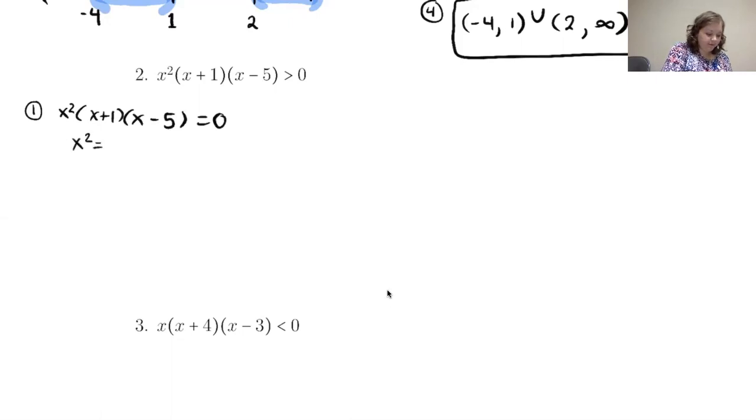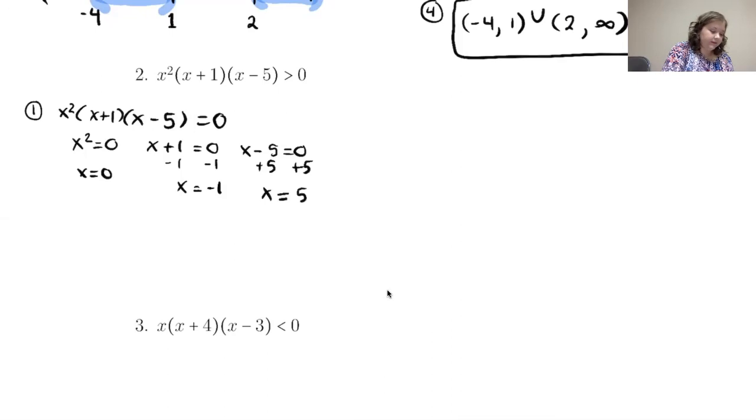So x squared equals 0, x plus 1 equals 0, and x minus 5 equals 0. If we solve the first one, we get x equals 0. We solve the second one, subtract 1, and we get x equals -1. And then we solve the third one, we add 5, and we get x equals 5.